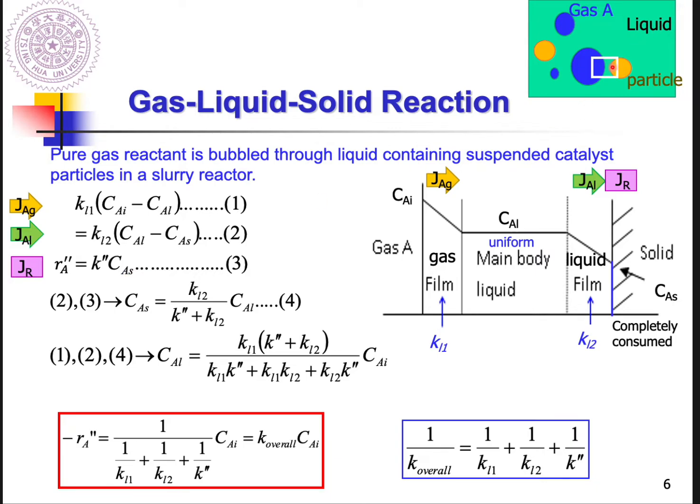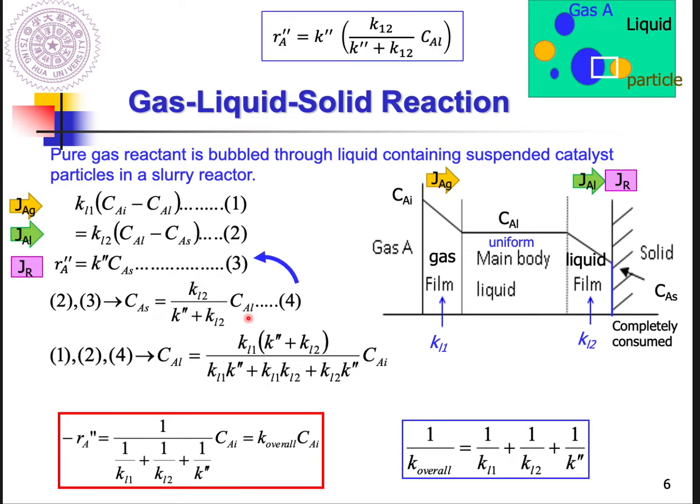So we have these three equations, and we can substitute CAS in terms of CAL. What's CAL? It is the concentration of reactant A in the liquid, but it's still very difficult to measure, right?